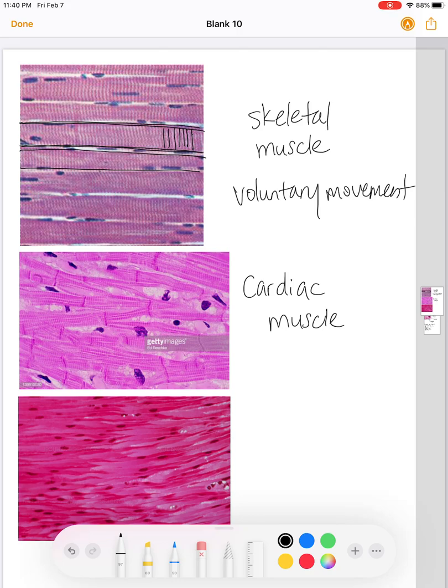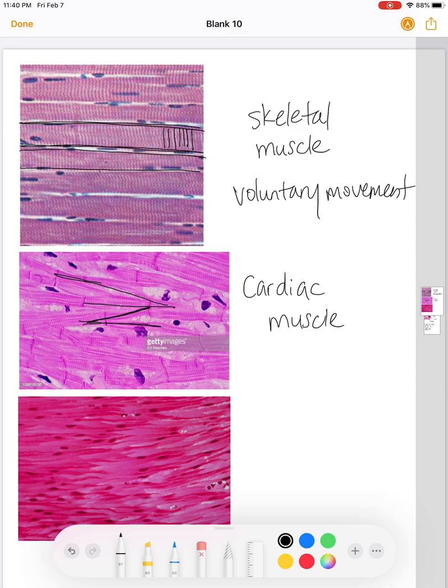Another thing you might notice about cardiac muscle is the cells are not perfectly cylindrically shaped, and they don't sit perfectly one on top of the other. Instead, they kind of branch off of one another. You can see this one forking a little bit here. This one kind of forks or branches here. So these cells branch off of one another.